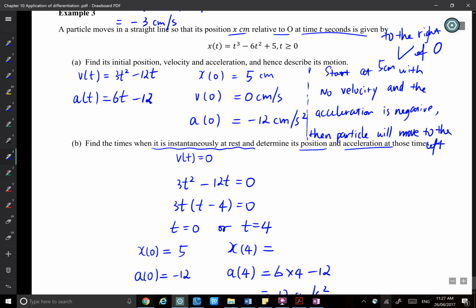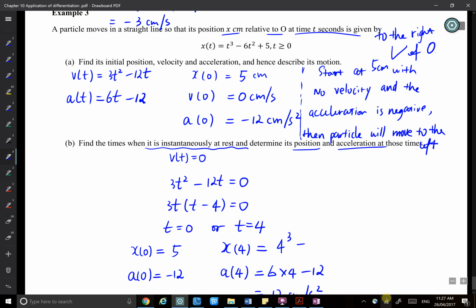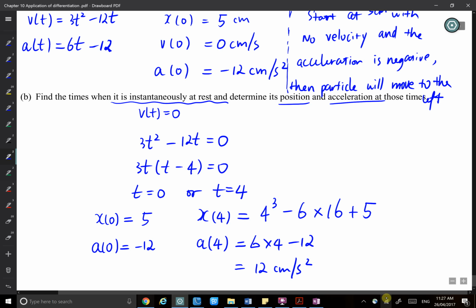And x(4) will give you 4 cubed minus 6 times 16 plus 5, that's minus 27 centimeters.